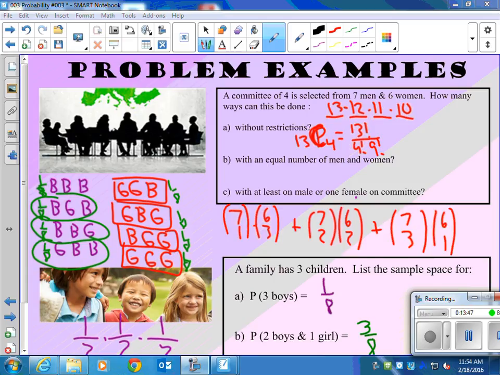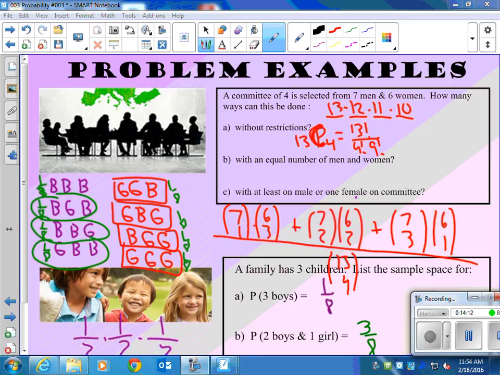Well, I thought it was supposed to be all over 13 choose 4. Right. All over 13 choose 4, because you're having 4 in the committee. So this has 1 male, 2 males, 3 males, 1 female, 2 female, 3. That fits it perfectly. Did anybody do it a little differently?